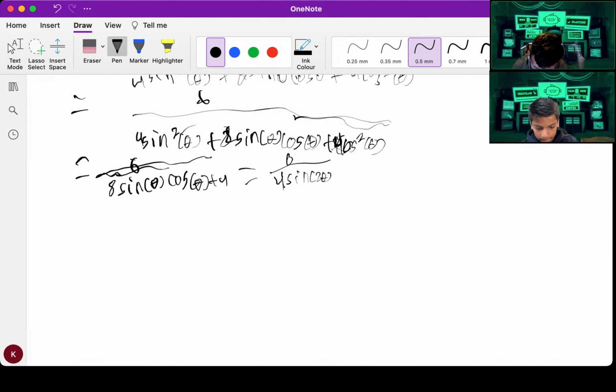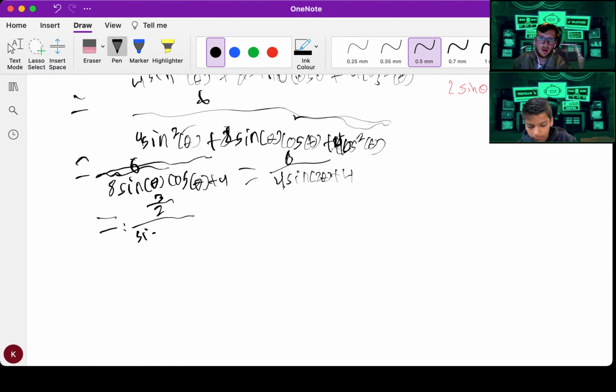Brilliant. So the double angle point, I'm just going to make a note of it. So 2 sine theta cos theta is identical to sine 2 theta. That's the result that we've used for that last bit of working out. Okay, so then that is 3 over 2 divided by sine of 2 theta plus 1.